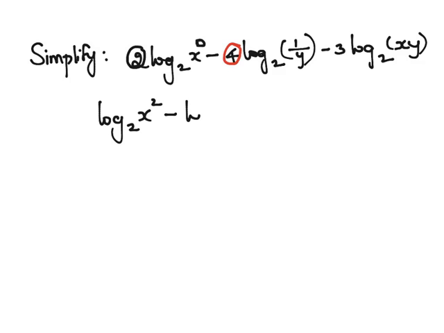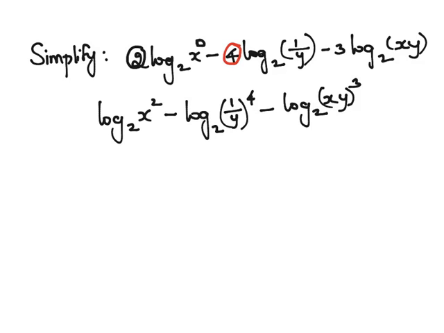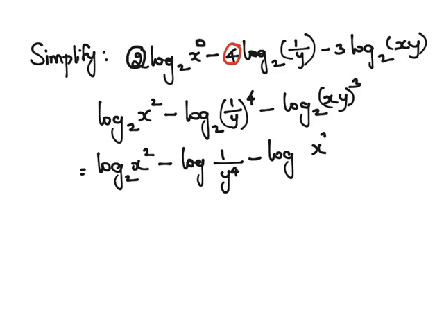It will become log of 1 by y power 4 to the base 2 minus again log xy power 3 to the base 2, right? So the next step will be log of x squared to the base 2 minus log of 1 by y power 4 minus log of x cubed y cubed to the base 2.